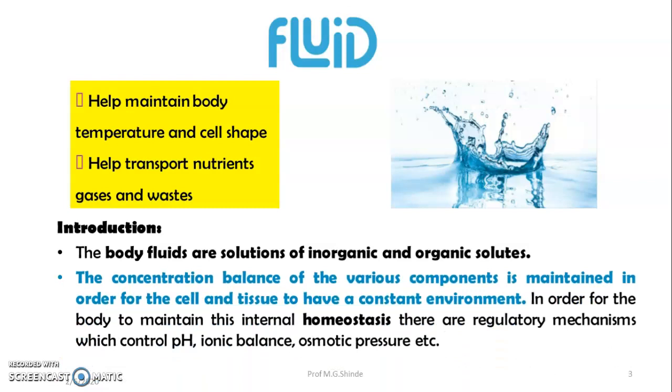The concentration balance of the various compartments is maintained in order for the cell and tissue to have a constant environment. In order for the body to maintain this internal homeostasis, there are regulatory mechanisms which control pH, ionic balance, osmotic pressure, etc.